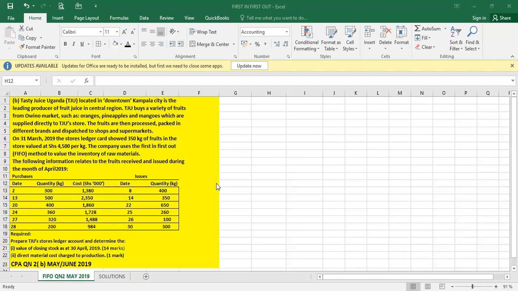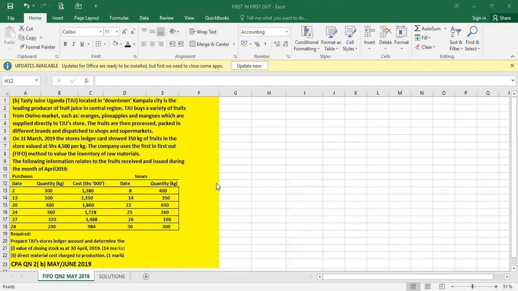So we have a table with the purchases and the issues. Since this is raw material, not finished goods, these are the raw materials we are going to put into our production so that we can produce the juice.